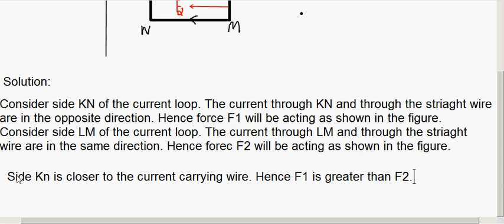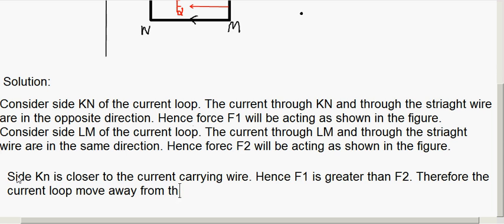Hence F1 is greater than F2. Therefore the current loop will move away from the infinite current carrying wire. Okay, so hope you understood this, important here.